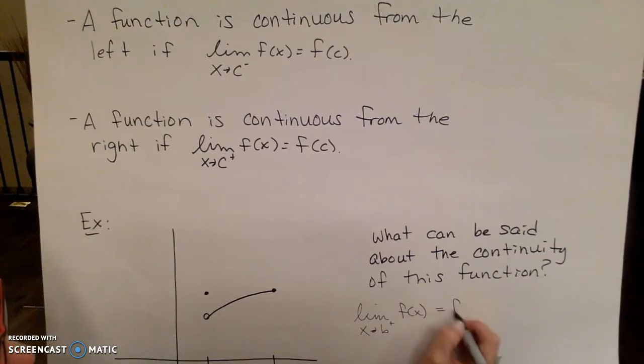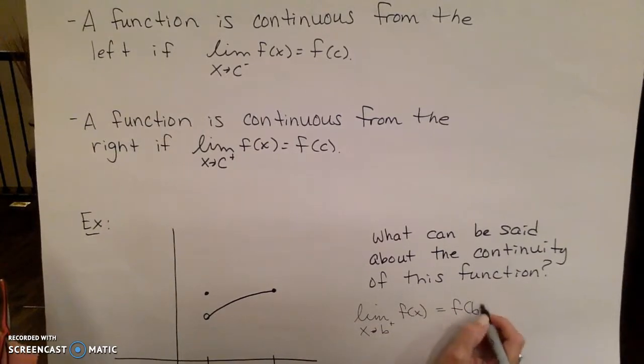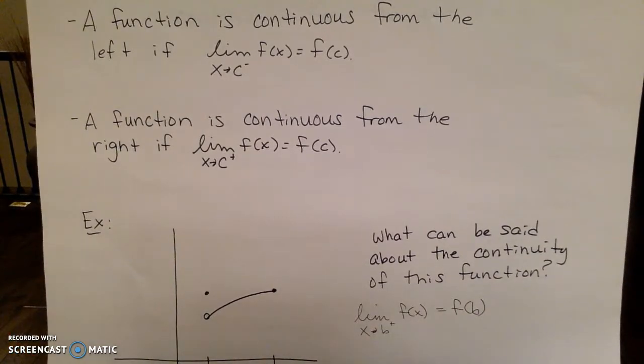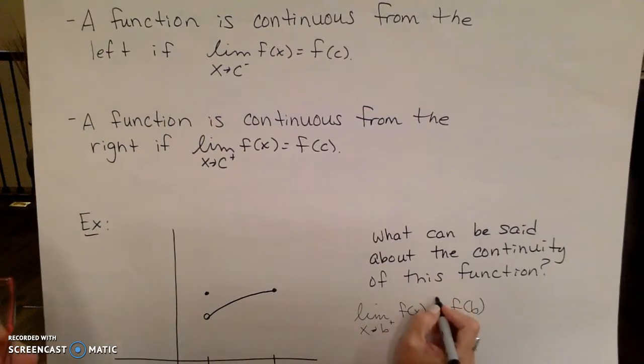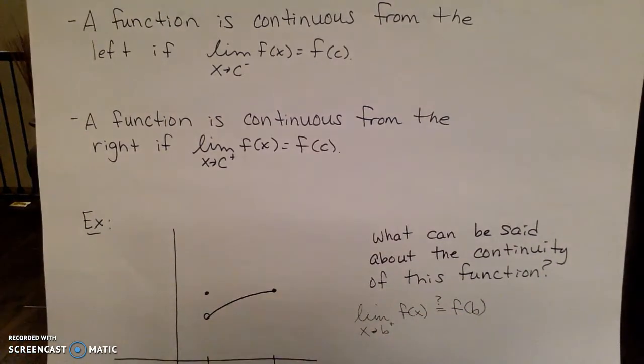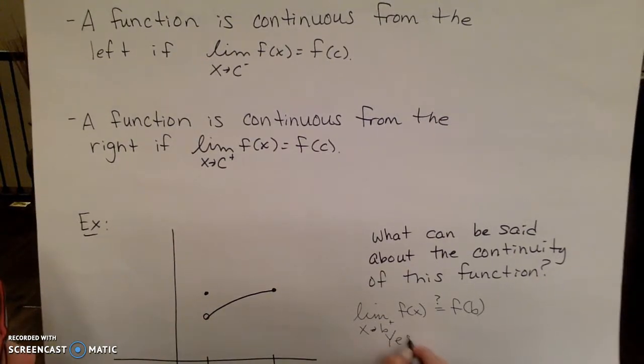Does that limit equal f of b? Okay. And we'll put a little question mark up here and we'll say, I'm not sure. So this would be, is it continuous from the right? So I'm approaching b from the right. The limit is some value up here, which is also the value of f of b. So we might say yes.